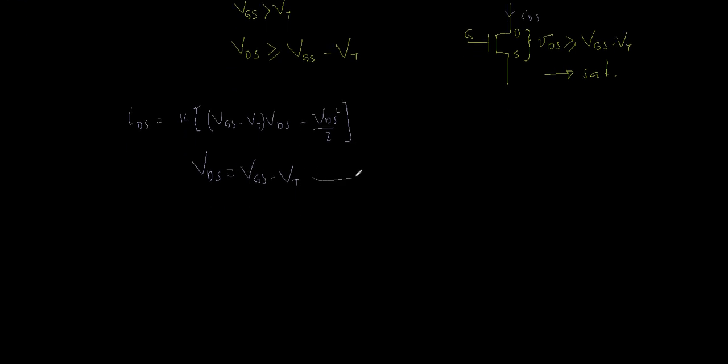So this is IDS, which is equal to the saturation current. Okay, so as you can see here, the current will depend only on VGS.